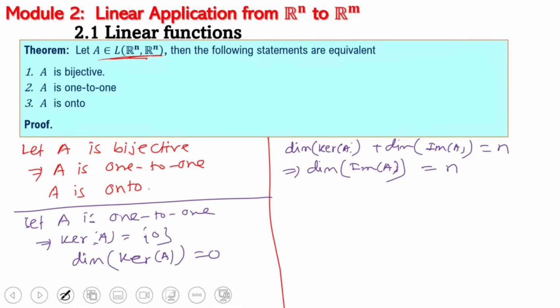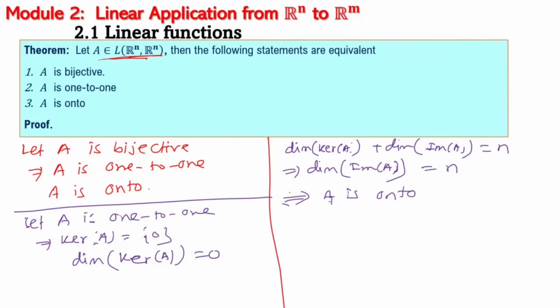So this is possible only if A is onto, because the dimension of the image will be the same as the dimension of the range set if the function is onto. Therefore A is onto.